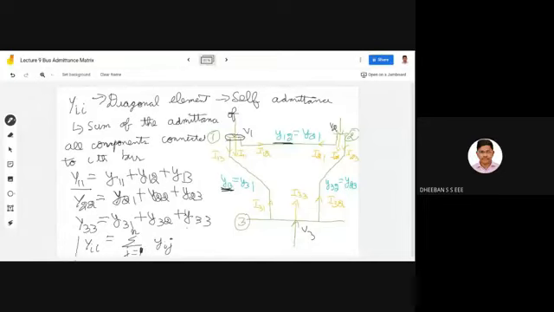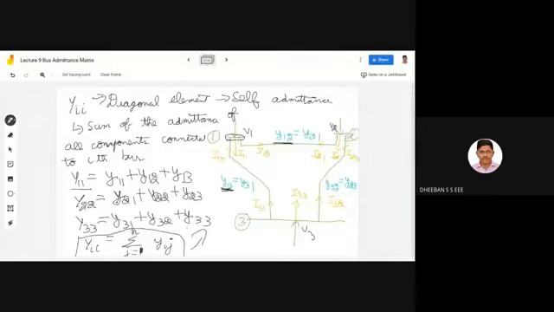So based upon this formula only, we are writing all the other self-admittance matrix. You have to keep in mind that capital Y corresponds to the summation of all the admittances connected to the particular bus, whereas small y corresponds to the particular admittance connected between the two buses.